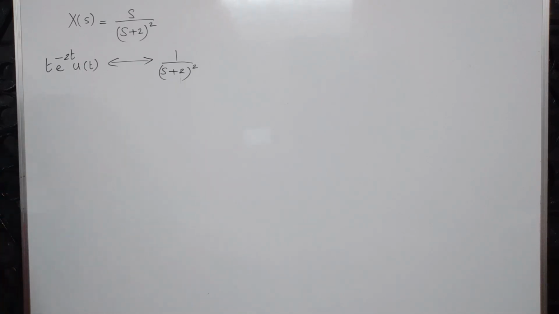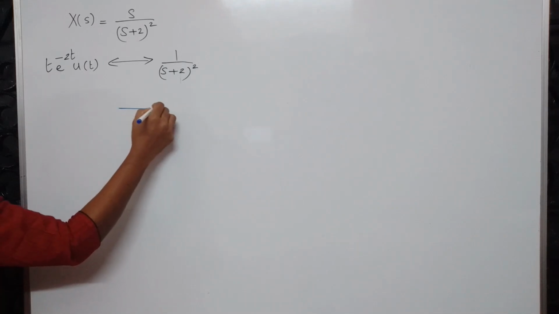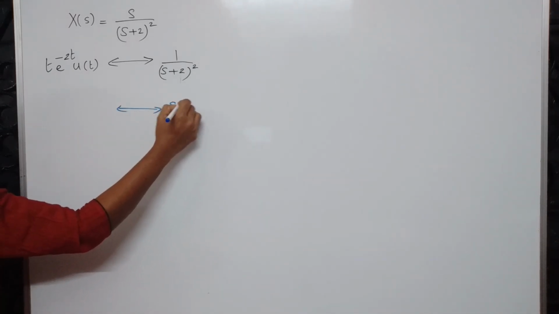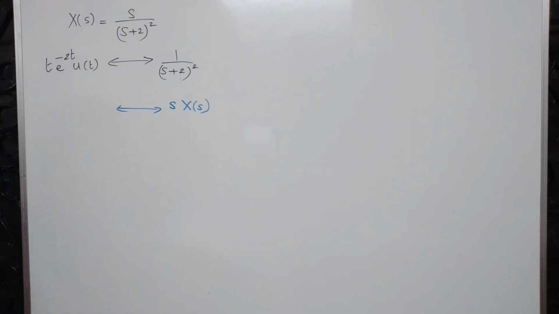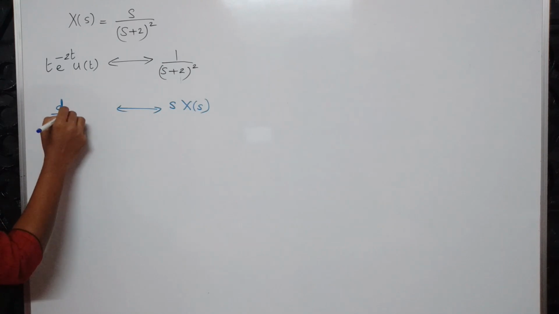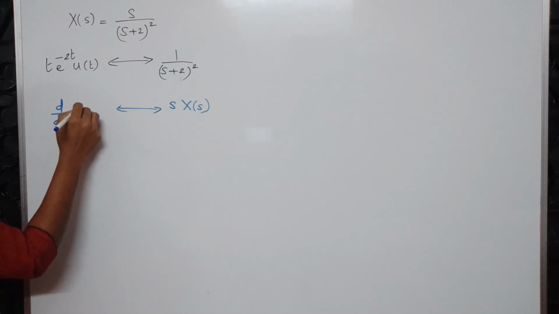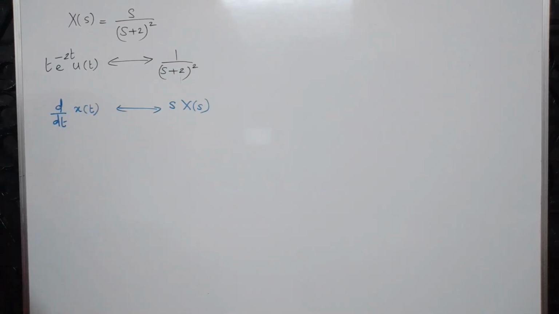And we also know the property that s into X of s is the Laplace transform of d by dt of x of t, right?